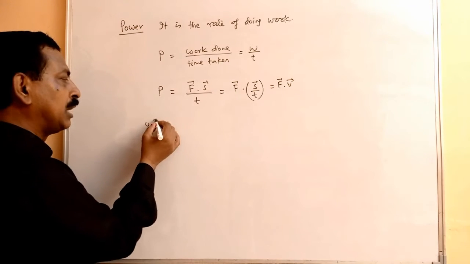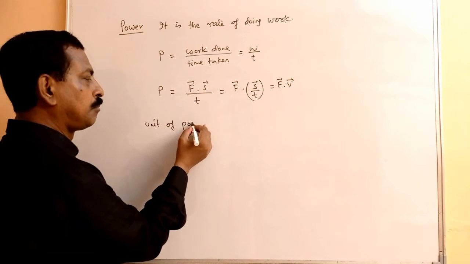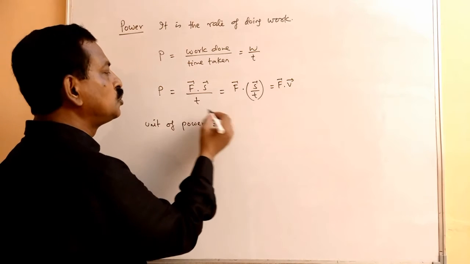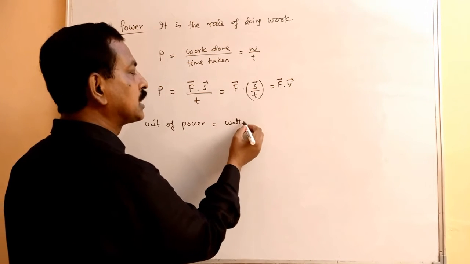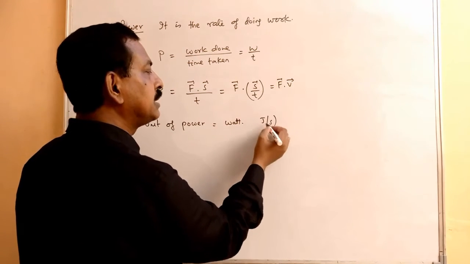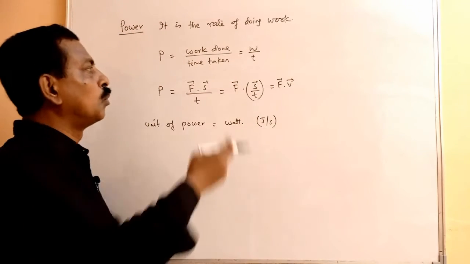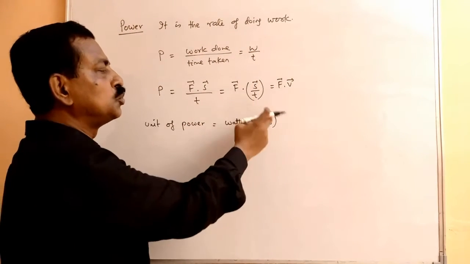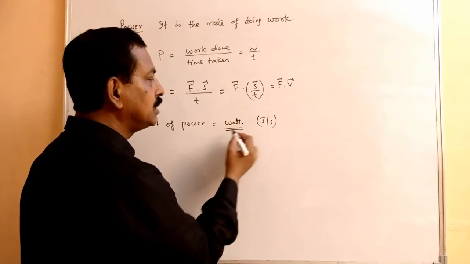Then the unit of power. This is the watt. Basically, it is joule per second. Work done per unit time is joule per second, and that we call the watt.